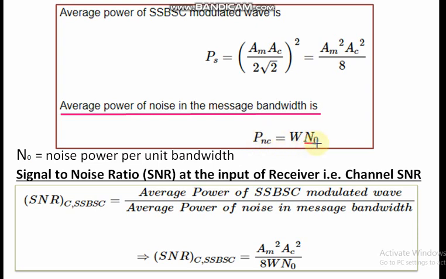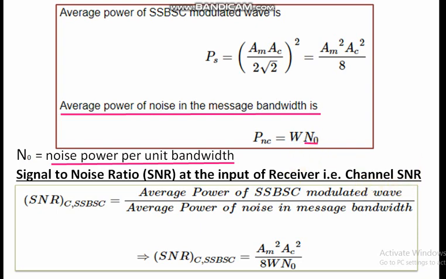As you know, N0 is the noise power per unit bandwidth, and in an SSB-SC signal the bandwidth is W. If you do the calculation for this average noise power, the unit bandwidth is multiplied with the bandwidth W, which gives the total noise power for W bandwidth, and it is W into N0. You can calculate it with the formula of integration also.